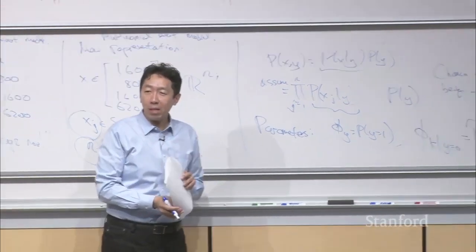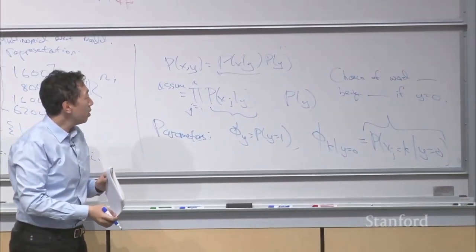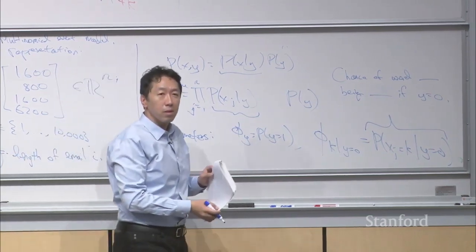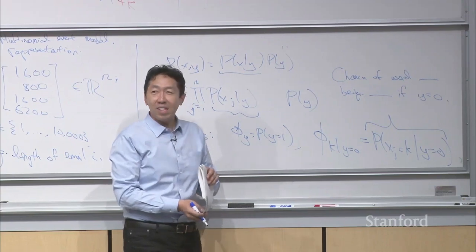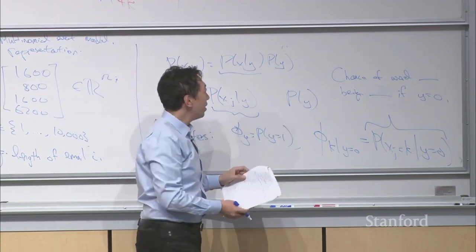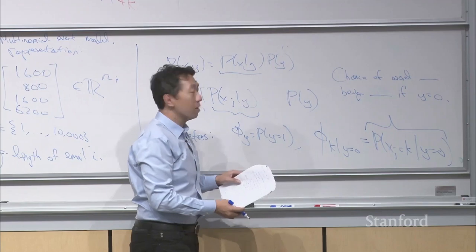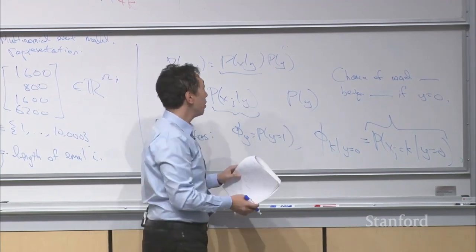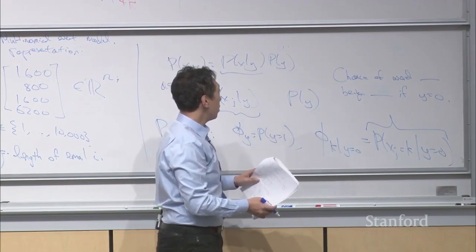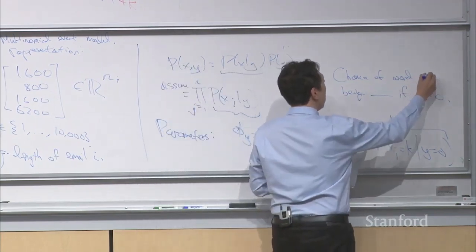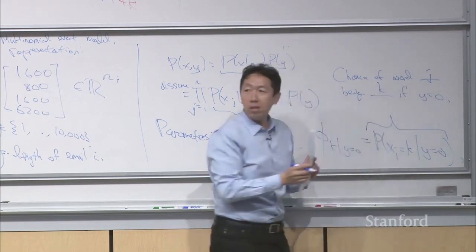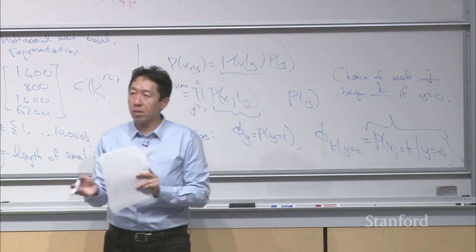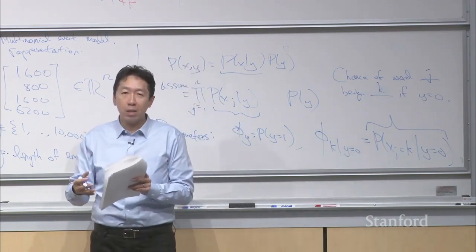Actually, what goes in the second blank? Let's see. Right, so there's a chance of the third word in the email being the word drugs, or the chance of the second word in the email being buy, or whatever.